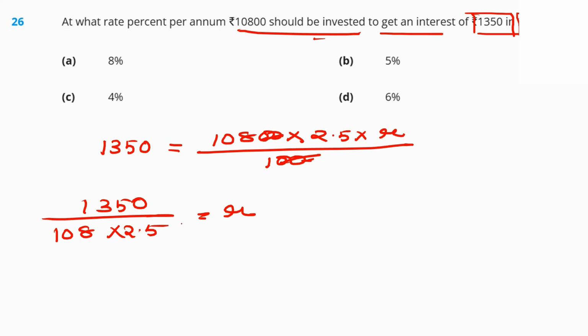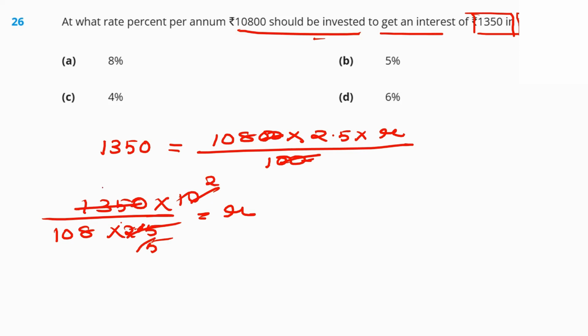If we try to solve this, 2.5 can be written as 25 into 10. The decimal can be ignored over here. 5 fives are 25, 5 twos are 10.